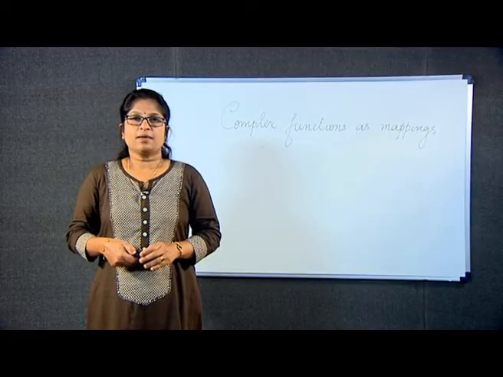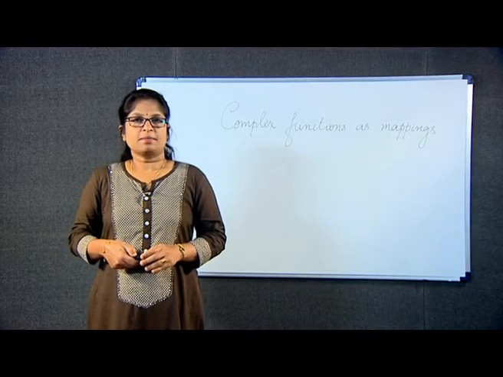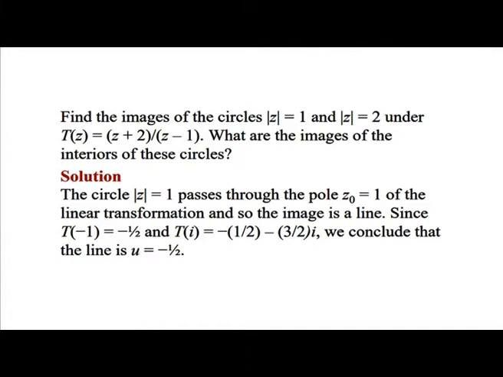So, let us see some of the examples. Find the image of the circles mod z equal to 1 and mod z equal to 2 under the transformation T(z) equal to (z + 2) by (z minus 1). What are the images of the interiors of these circles?